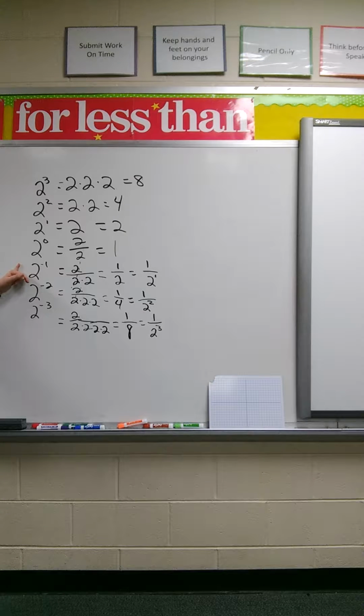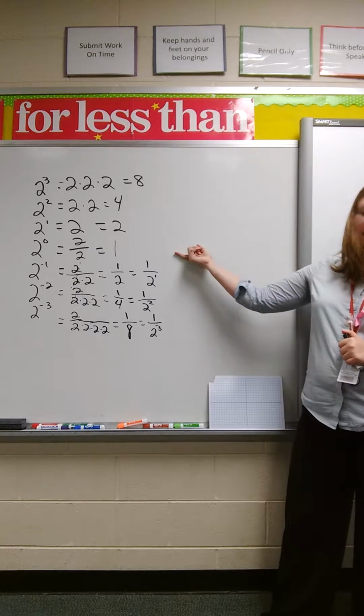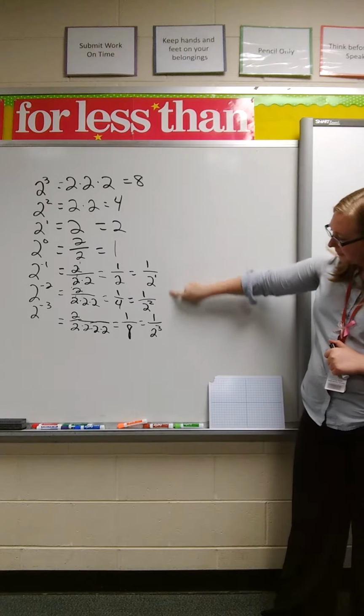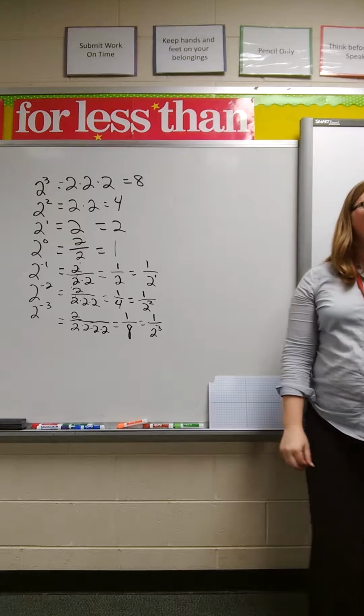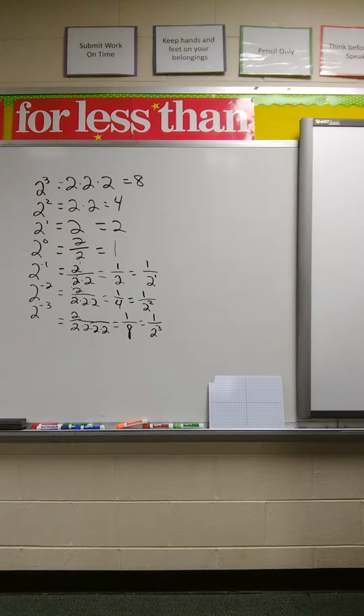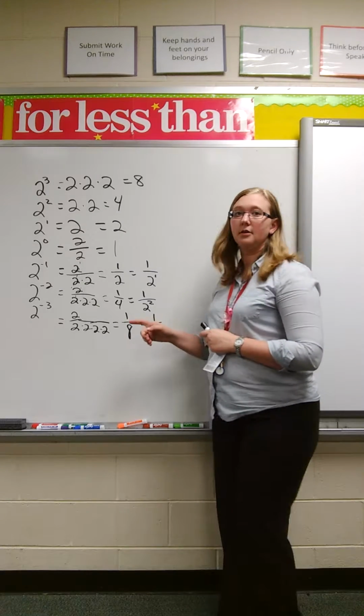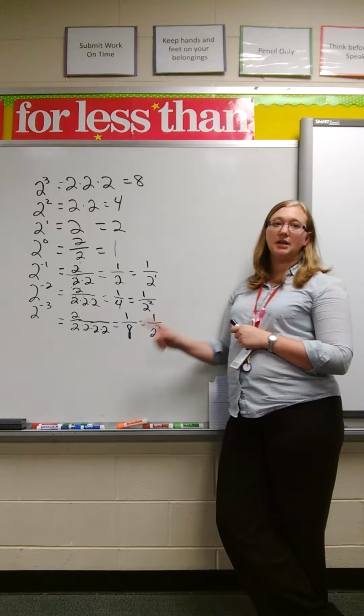So here's a problem using negative exponents. Here's the same thing written with positive exponents. What was my numerator? If it's a positive exponent, the answer that you get goes in the denominator.